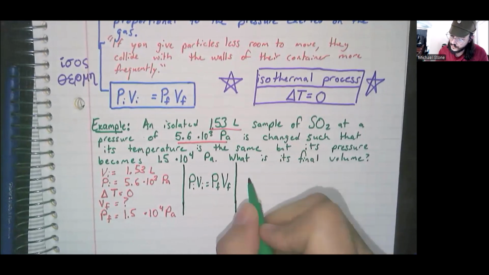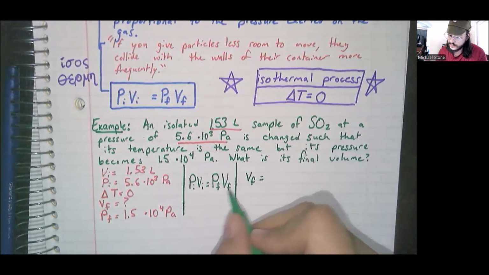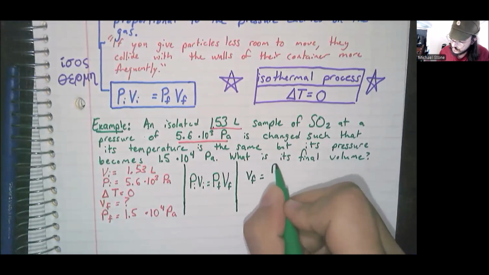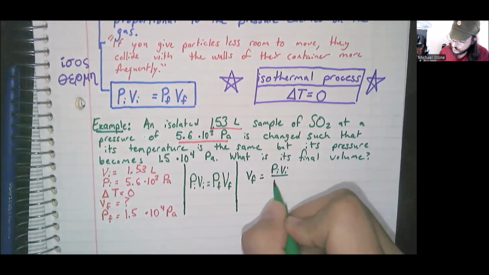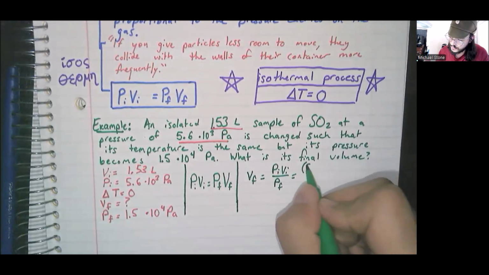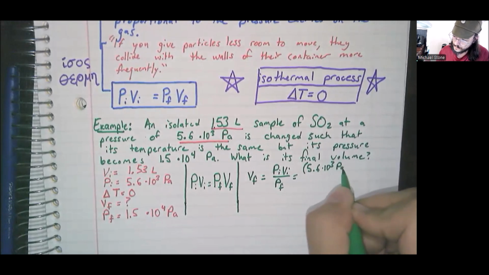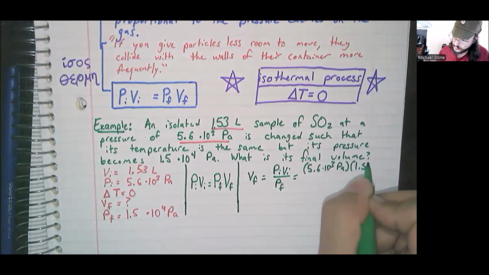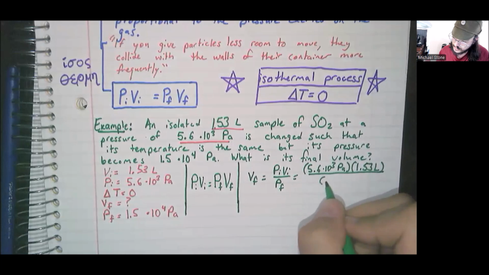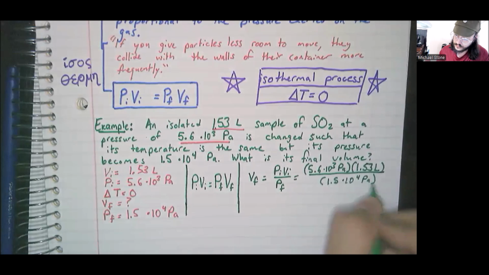But before that, let's plug in. V final needs to be by itself, so we'll move pressure final to the other side. P initial V initial over P final. And then that would be 5.6 times 10 to the 3rd Pascal times 1.53 liters divided by 1.5 times 10 to the 4th Pascals.